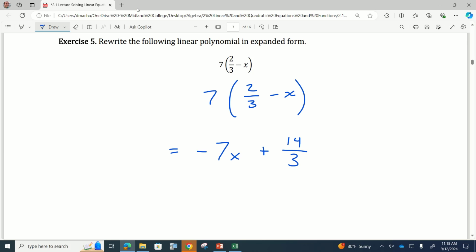Yep. You distribute the 7 inside the parentheses, so you get 7 times 2/3 would be 14/3. And 7 times -x is -7x. And I swapped the order of the two terms because the standard way to write the expanded form is to have -7x plus 14/3.